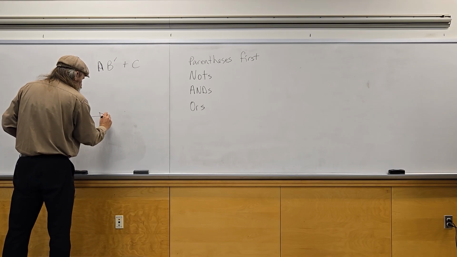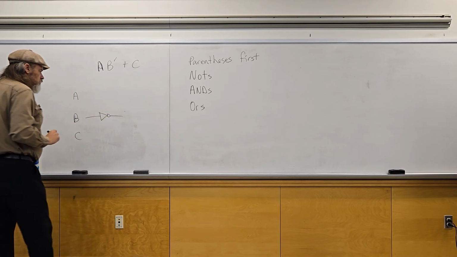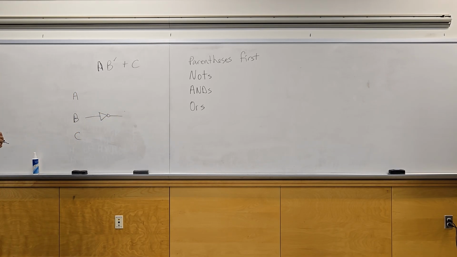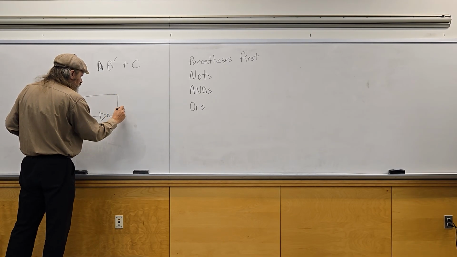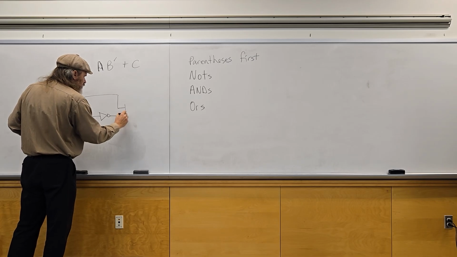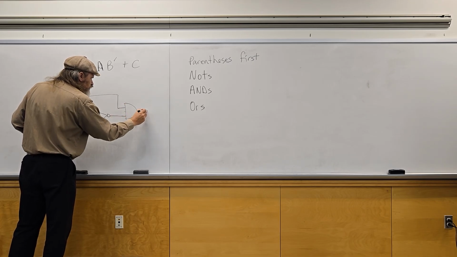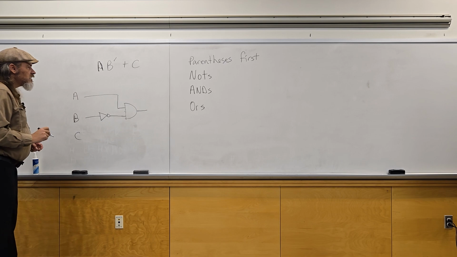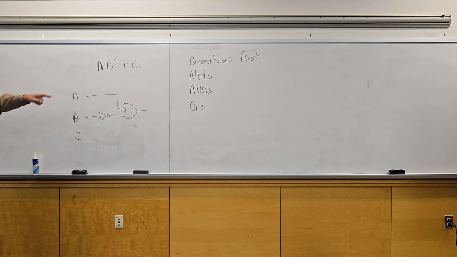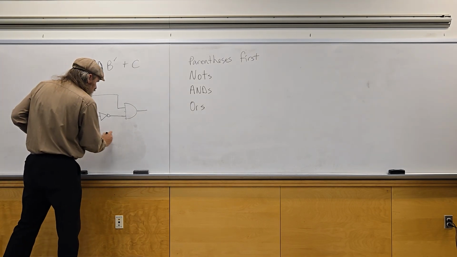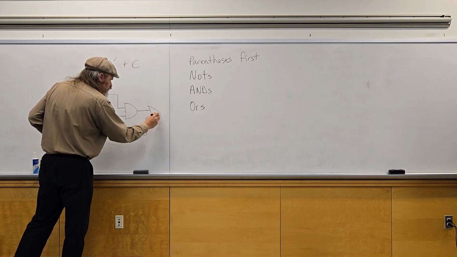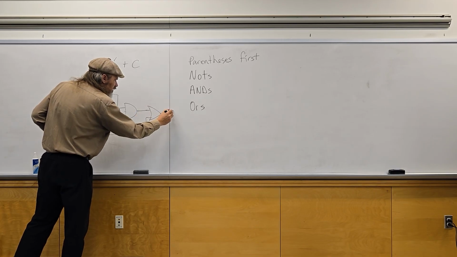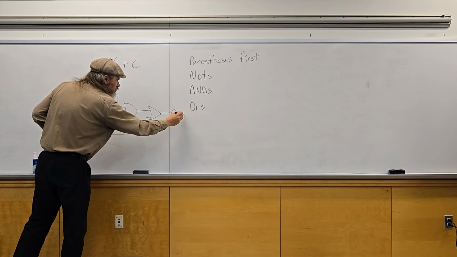Not B, run it through an inverter. That takes care of your B input. Then you AND that with A, and then you do your ors, you OR that with your C. And that gives you your out.